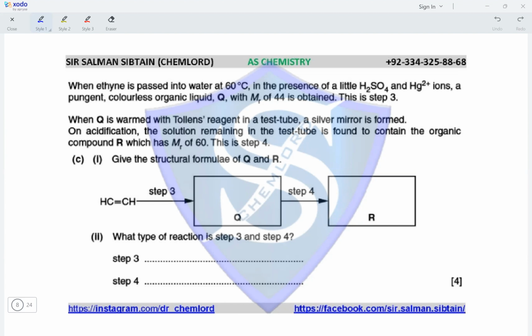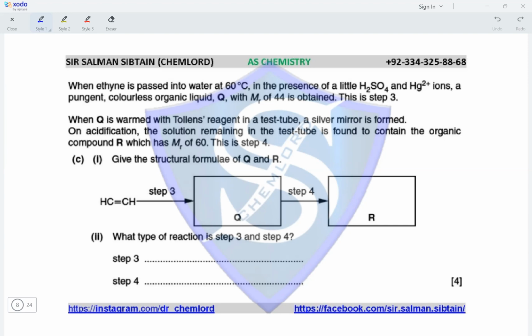On acidification, the solution remaining in the test tube is found to contain the organic compound R, which has the MR of 60. This is step 4. So when we acidify the solution that reacted with Tollens reagent, that means the aldehyde, it would convert into an organic compound with an MR of 60.